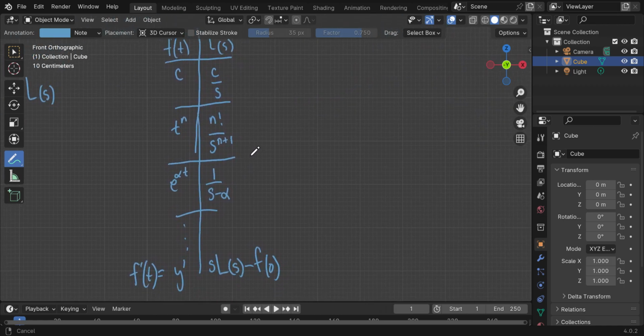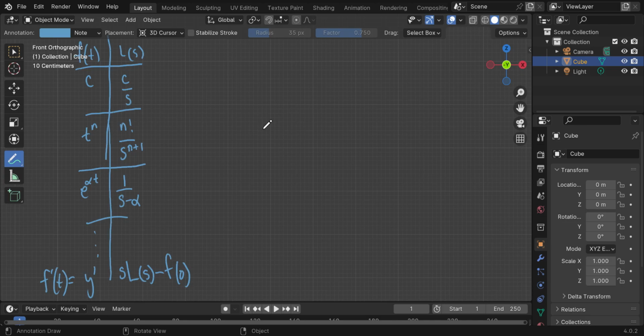So if I gave any of these L of s, say I started out with 3 over s, the f of t would have to have been 3, because if I take the Laplace transform of 3, I get that same constant over s.